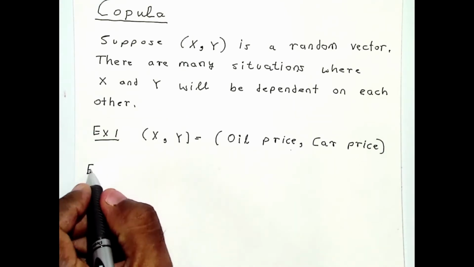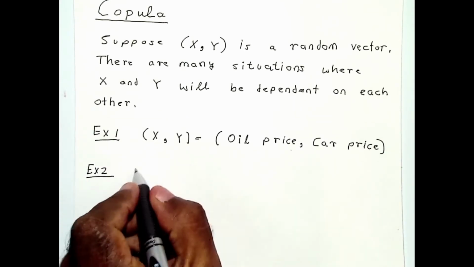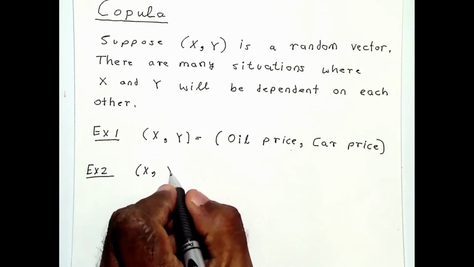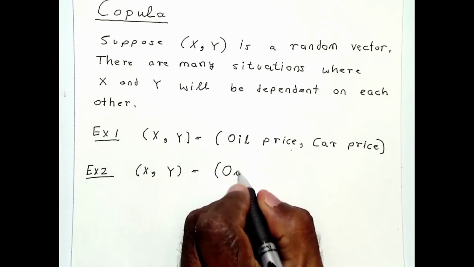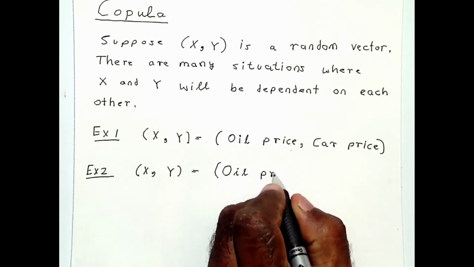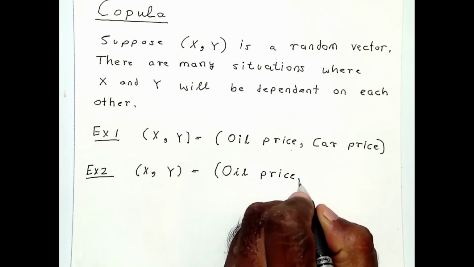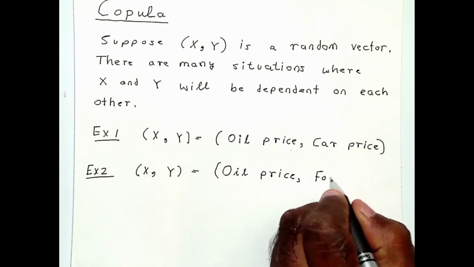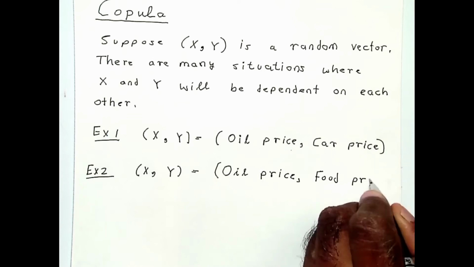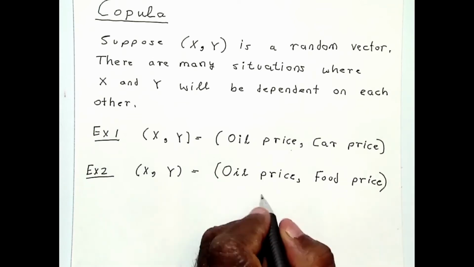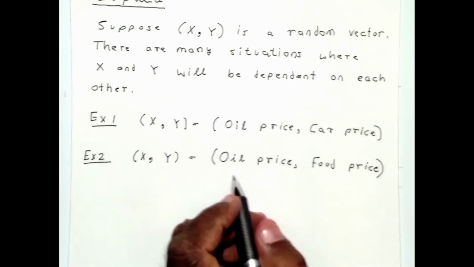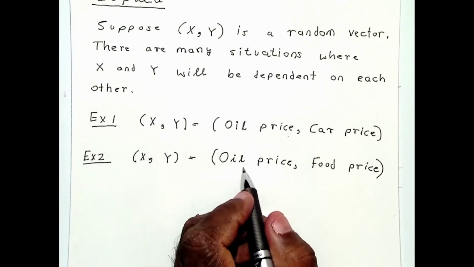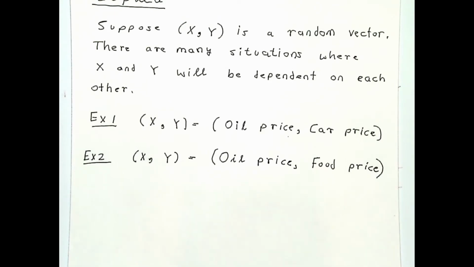And the example is where X comma Y is equal to the oil price and food price. Again, these two variables are dependent on each other because once again, when oil price goes up, the food price will also go up, right?